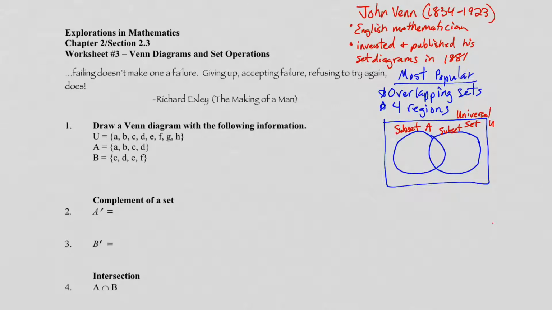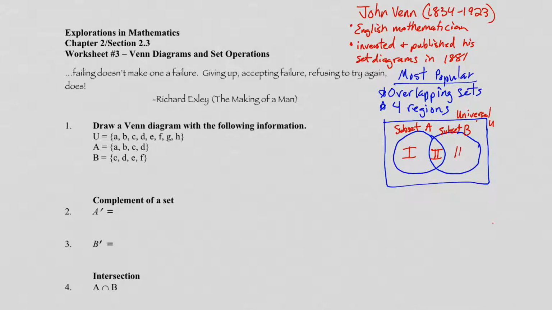Just a second. Let me fix this. Subset B. Okay. So the 4 regions that are created: region 1, right there, is only in set A, not shared with set B. Region 2, you have set A shared with set B, what they have in common.